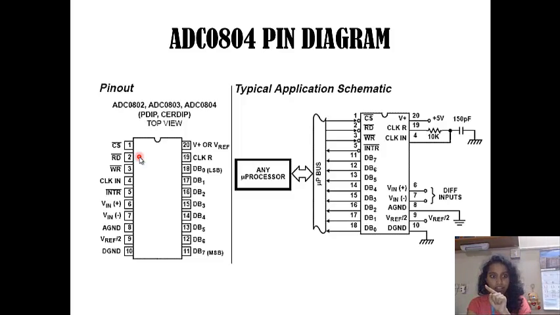A low to high signal is given, and the read pin is used to move the converted signal to the output. And we have the rest of the signals, that is VREF, VIN minus, VIN plus, and most importantly DB0 to DB7, which is connected directly to the microcontroller, the 8051. So this is the pin diagram. The pins will be explained very systematically and progressively later in the slides.